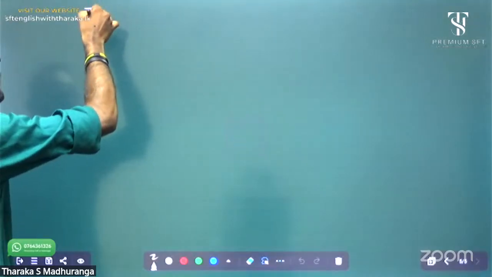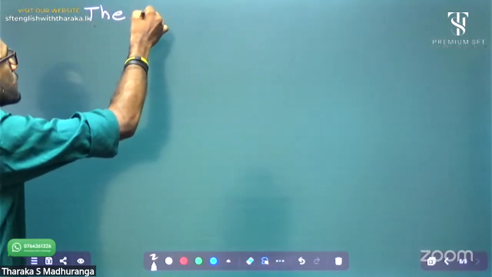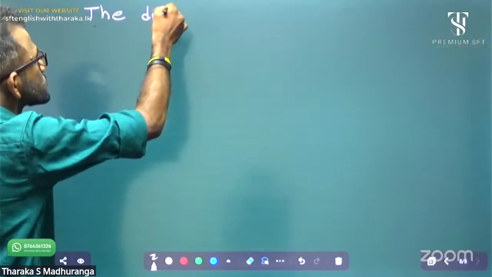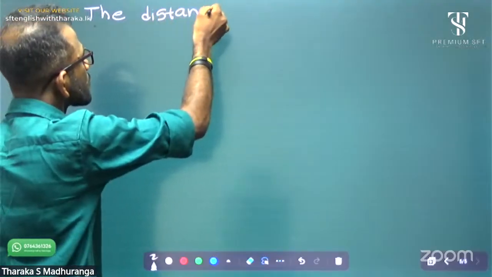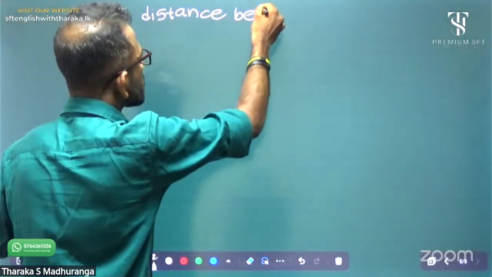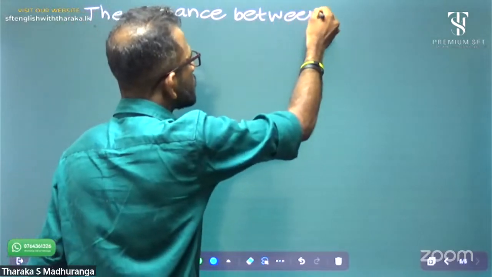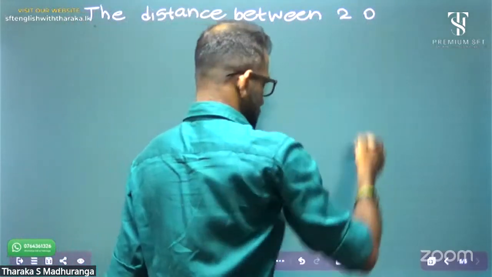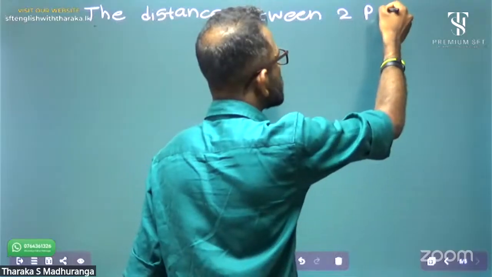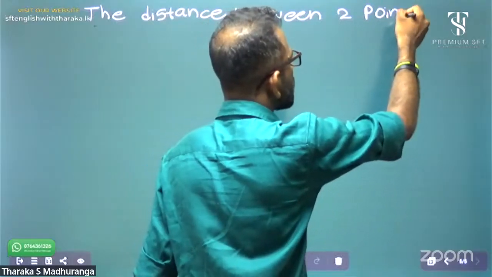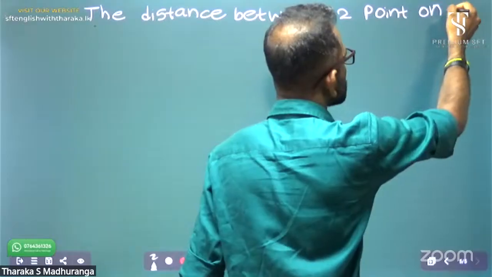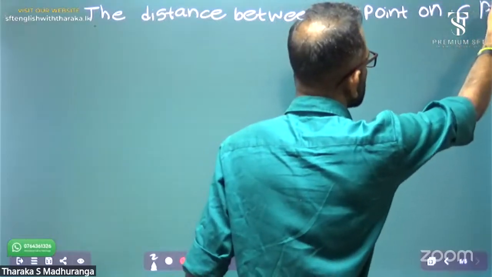The distance between 2 points on the Cartesian plane.